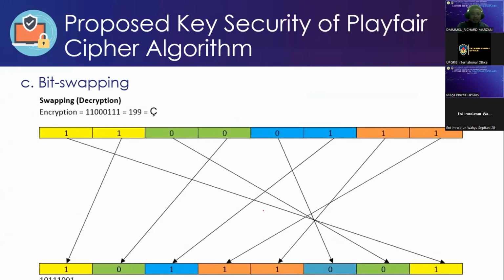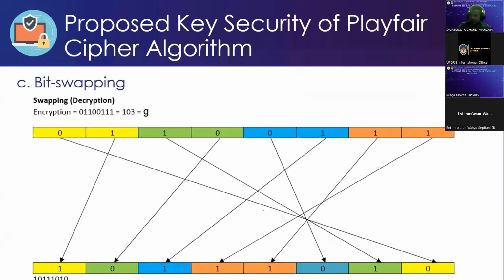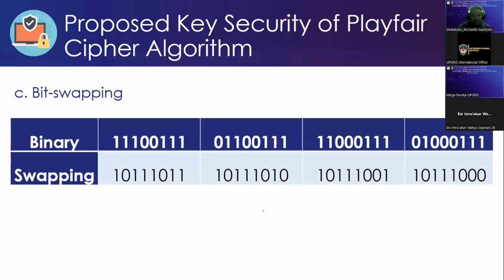This is the first part, the C, then the letter G and the capital G. Then after the bit swapping part, this is now the result for the swapping.